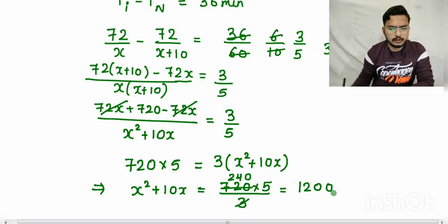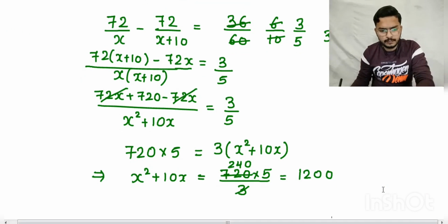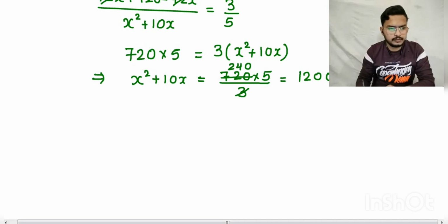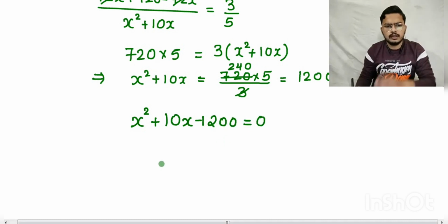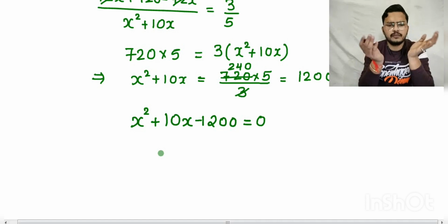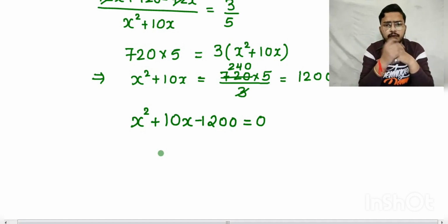So this equation will become x square plus 10x minus 1200 is equal to 0, right? And you all know that this is a simple, famous equation, with the splitting of 1200 being 40 and 30.